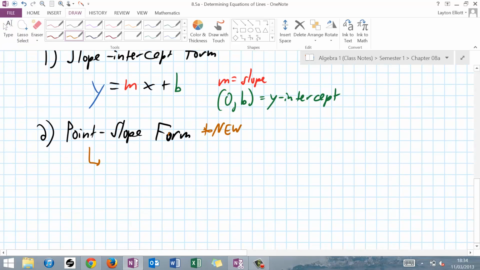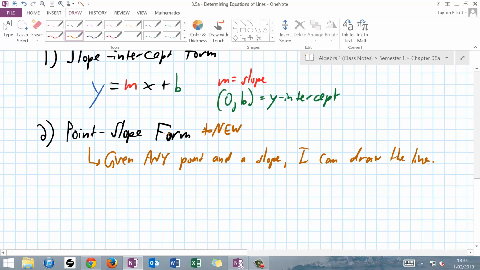First is this idea that given any point and a slope, I can draw the line. We know that. Since you can draw the line, you should also be able to come up with the equation. So given any point and a slope, not only can I draw the line, I can also get the equation of the line.